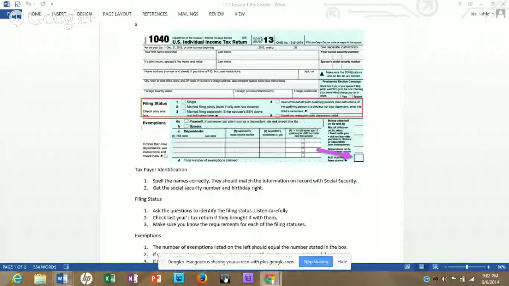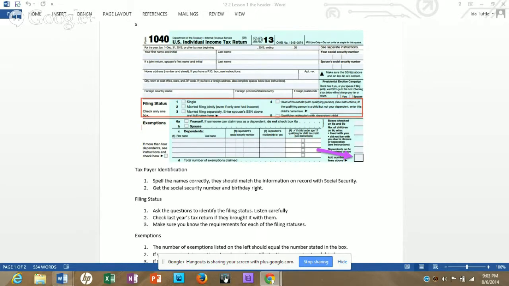All right. What I want to do is look here. You have yourself. If you're single, that's all you're going to have, and so the one will go down there. If you're married, the spouse goes here, and you will go to here. If you have any dependent children, then you put their first name and last name, social security number, and dependent relationship to you.